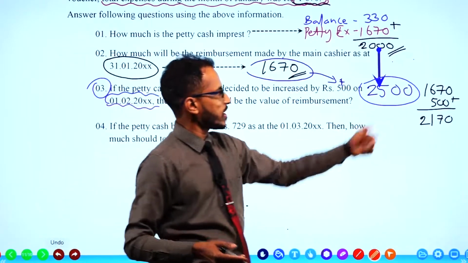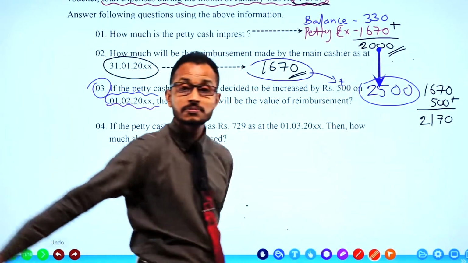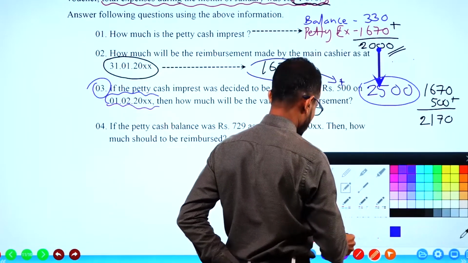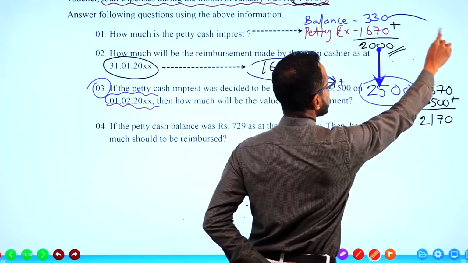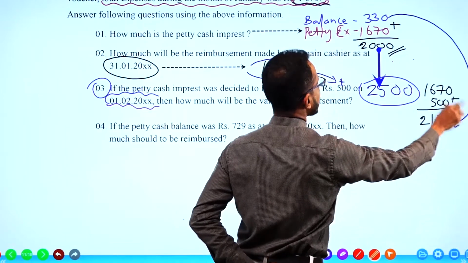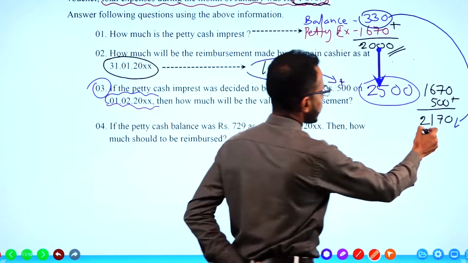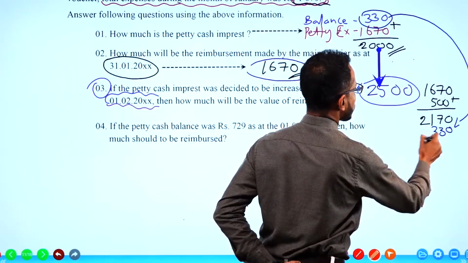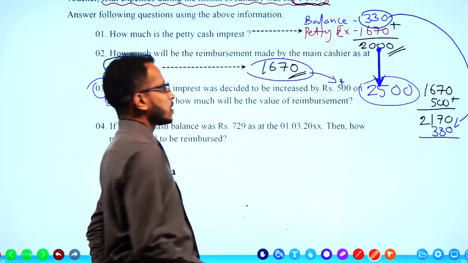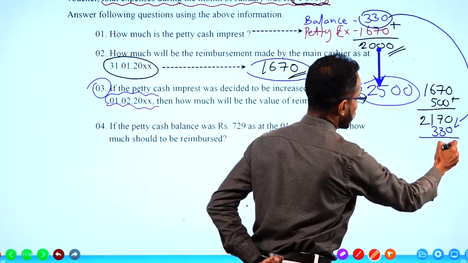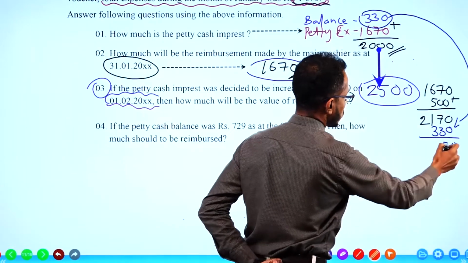Well, it becomes 2500 when the balance is added. When the balance is added, children, it becomes 2500, because the balance is remaining. We didn't add it. We should add it, and it becomes 2500.